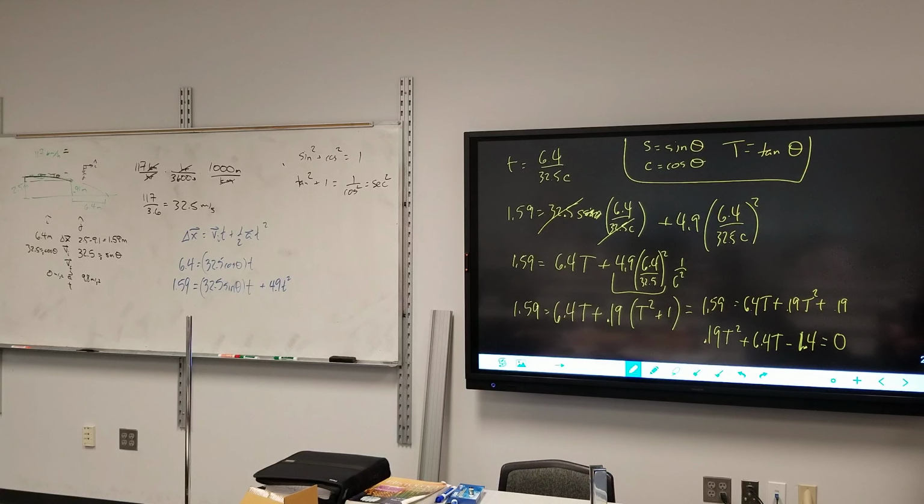Plug and chug, you get a tangent of theta. What's that last number right before 0? That's 1.4. It should be 0.19 minus 1.59. Oh, okay. So we end up with two values for tangent.